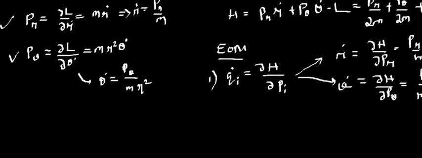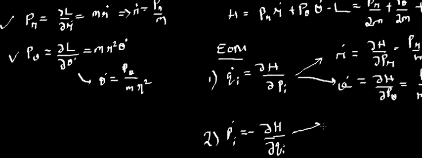And then we have the second part. In the second part, we have P_i dot is equal to minus del H divided by del q_i. Since i goes from 1 to 2, you will get two equations. Let's see.